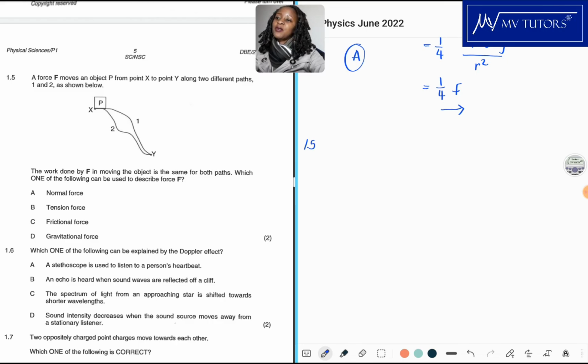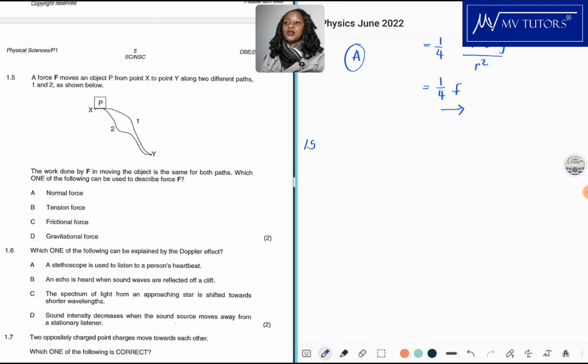If we think about the normal force, which acts perpendicular to your surface, they need to be in contact, and then it acts perpendicular. So normal force, I don't really think so. Tension force, well, it needs to be pulled somewhere, somehow. Frictional force would be opposing the motion, so it wouldn't be encouraging this object to move from X to Y.